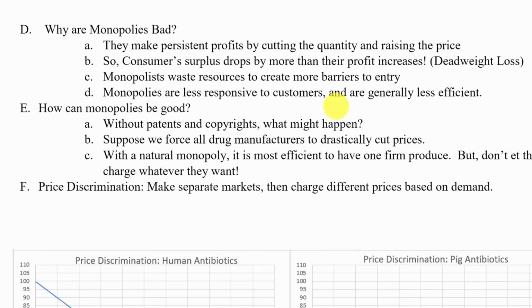What might happen? Well, what would probably happen is you're not going to have people investing millions of dollars developing the new drug or creating that new movie if they're not going to have a chance to be able to make their money back. If I'm going to create a movie and then I know that everybody's just going to be able to copy it and sell it for free, I'm not going to invest that money in making that movie.